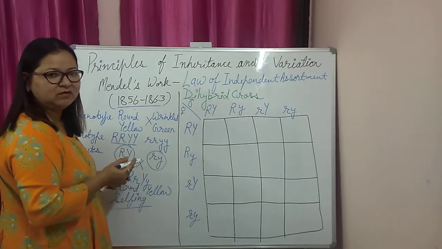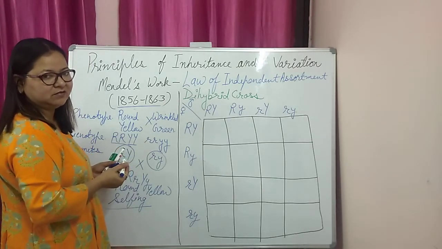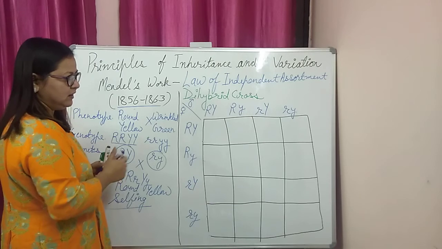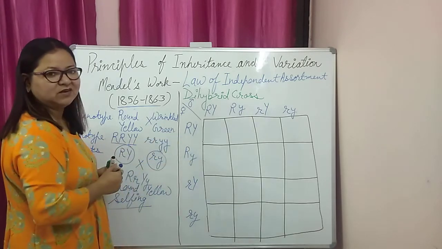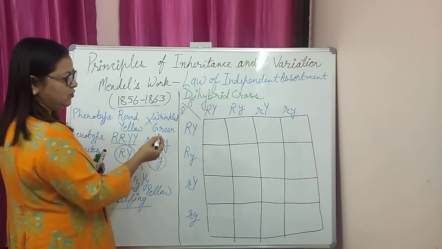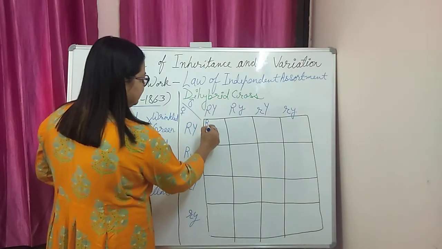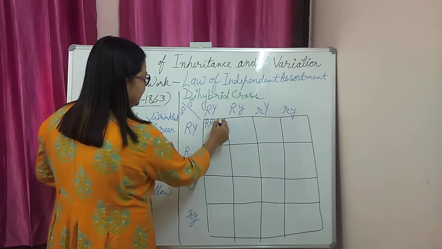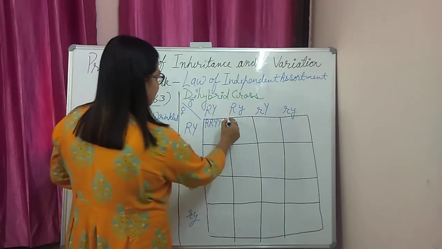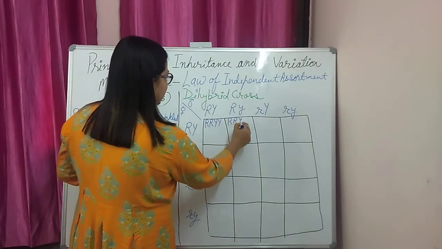Now in nature, random fertilization takes place and we will get different combinations of alleles. You can write these combinations here, like capital R, capital R, capital Y, then do the same for each block.